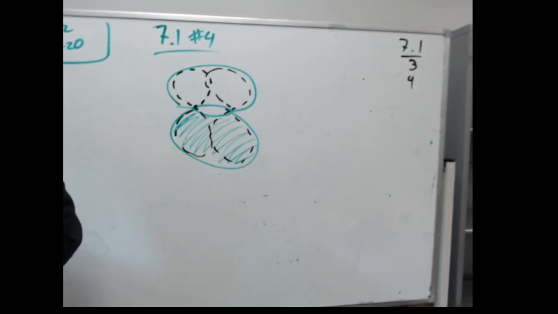The entirety of 7.1 number 4 is just asking you to get comfortable with these pictorial representations. You can look them up in the textbook, in the lecture slides, or in your notes from class today. We just have to come up with some label for this.